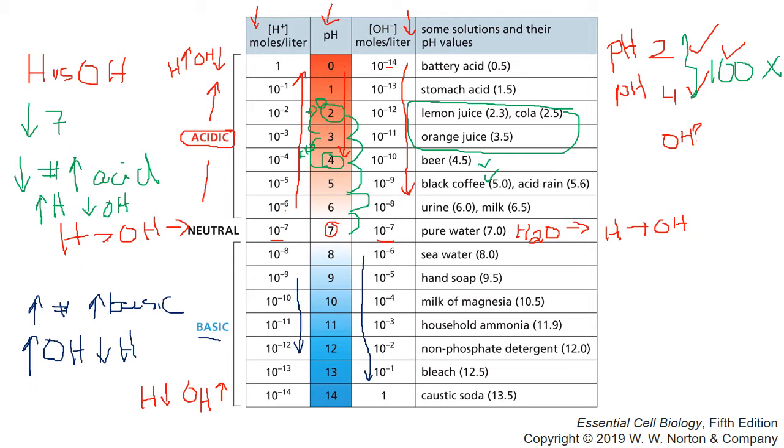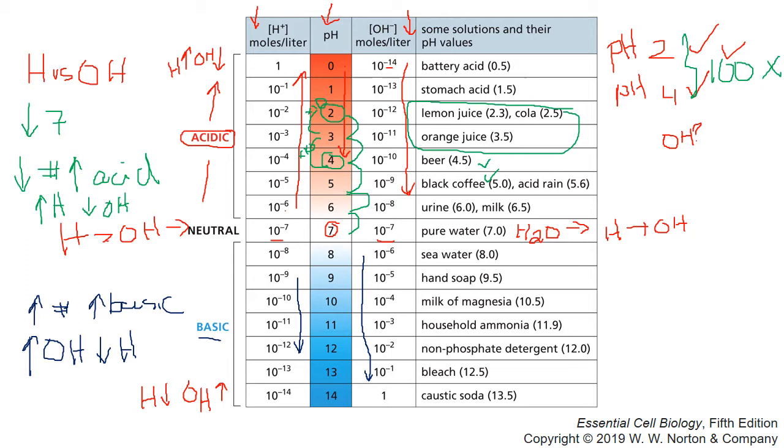The higher the number, the more basic or alkaline, and that's all because, once again, you're looking at your ratio, and the higher the number becomes, the more hydroxide ions you gather, the fewer hydrogen ions the solution has. And just like in the acids, each step that you take will be a tenfold increase when you take a look at your alkaline solutions.